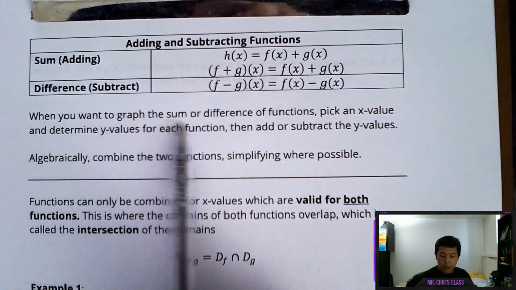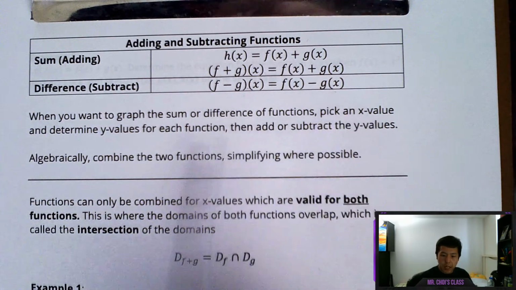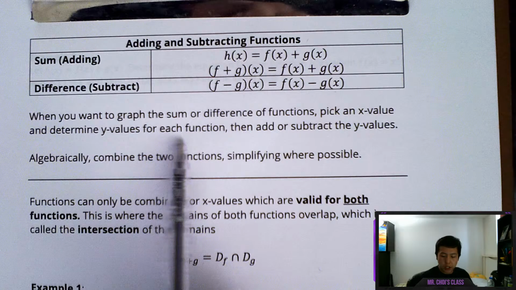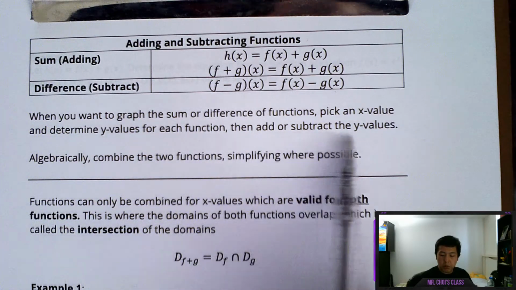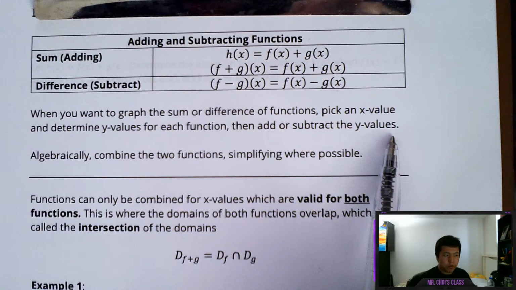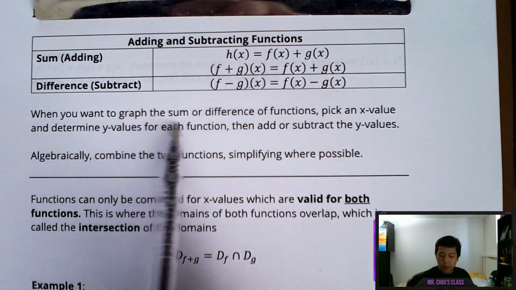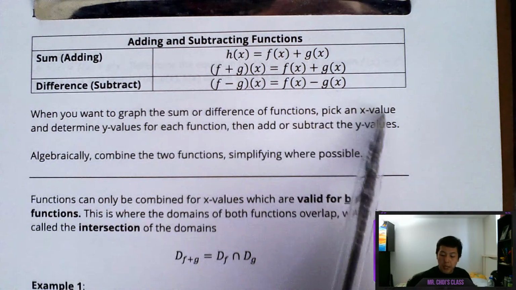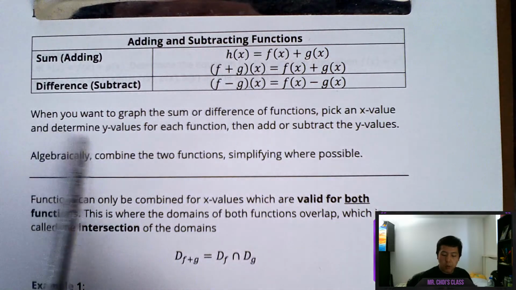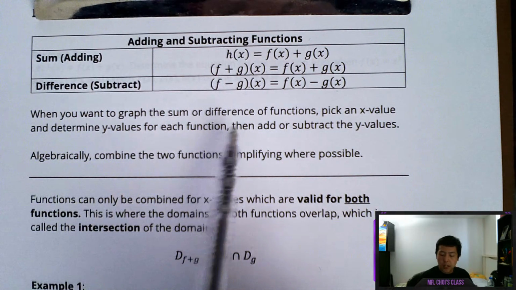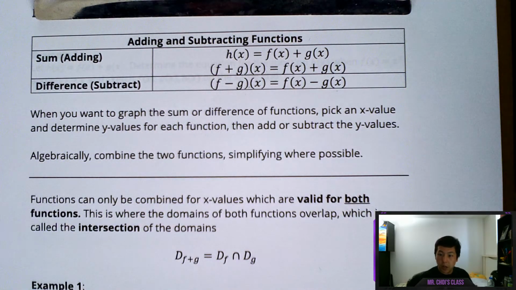So when you want to graph the sum or difference of functions, pick an x value and determine y values for each function, then add or subtract the y values. Okay? So once again, reading that again, when you want to graph the sum or difference of functions, pick an x value and determine y values for each function, then add or subtract the y values.